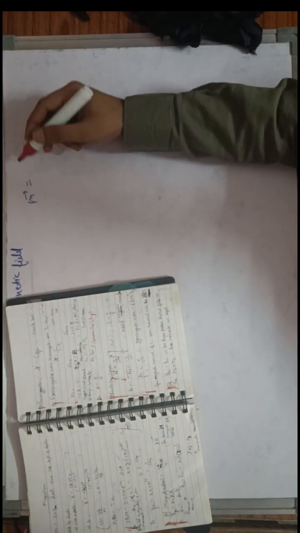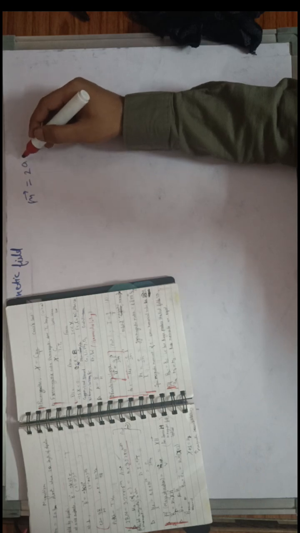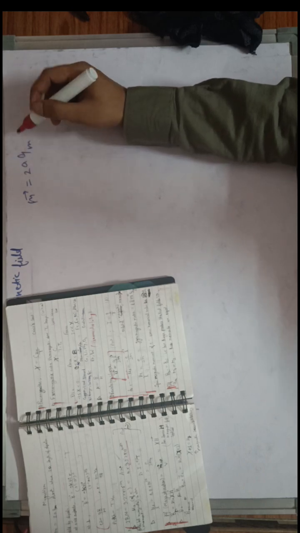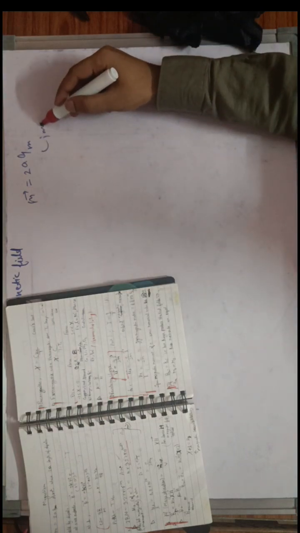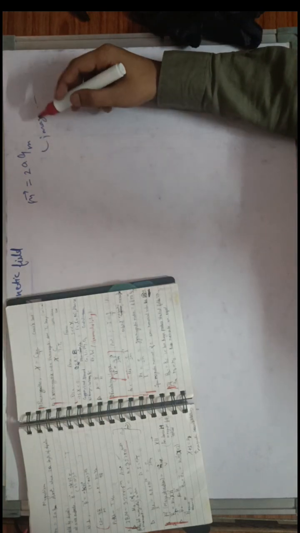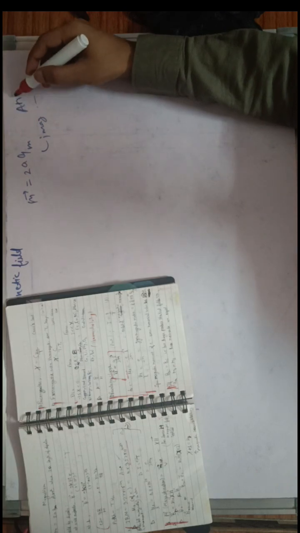First of all, we have talked about the magnetic field due to the dipole, and a dipole can be assumed to be written as 2a q times m. This is just an imaginary concept, and the unit of this m is ampere meter square.